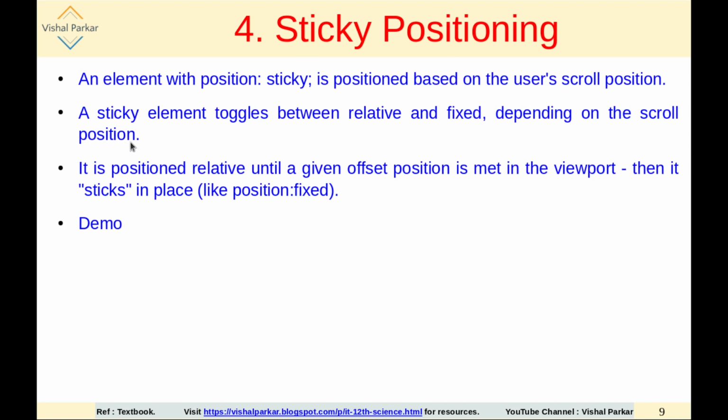It will move as relative or appear to be fixed, and that's why it appears to be sticky, and that's why it is called sticky positioning. The element with sticky positioning is based on the user's scroll position. It is position relative until a given offset position is reached in the viewport, and then it sticks.